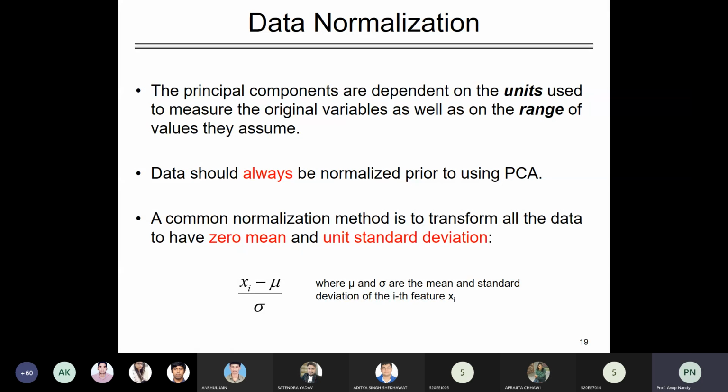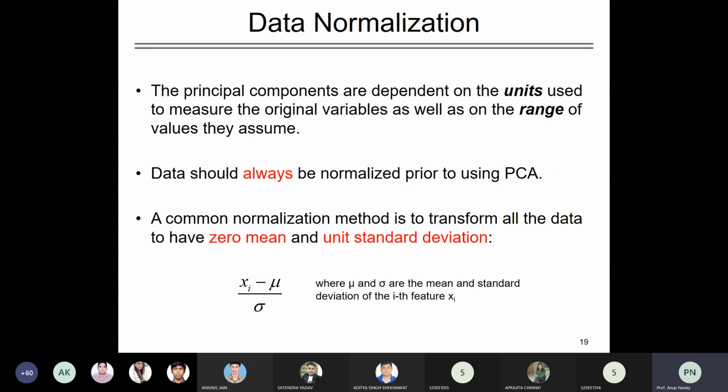That is the main thing. A common normalization method is to transform all the data to have zero mean and unit standard deviation. Whenever data normalization is required, please follow this form: xi minus mu i divided by sigma, where mu and sigma are the mean and the standard deviation of the ith feature. So data should always be normalized prior to using PCA.